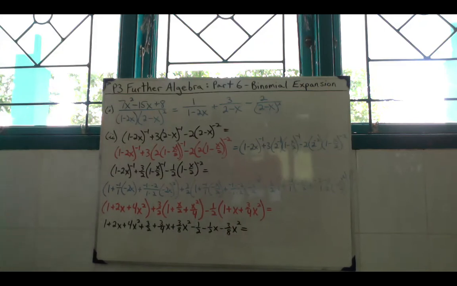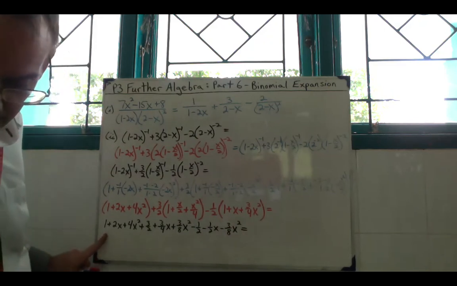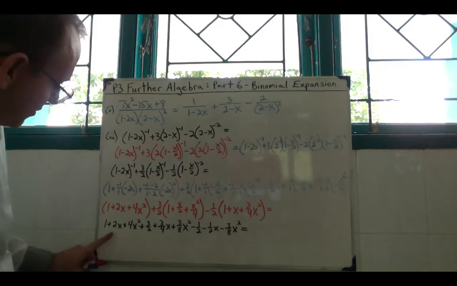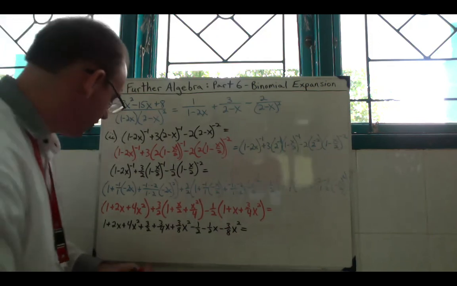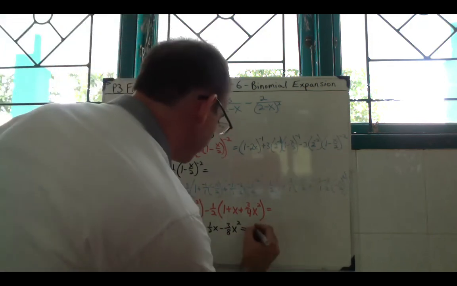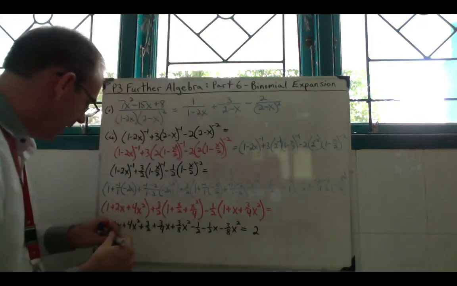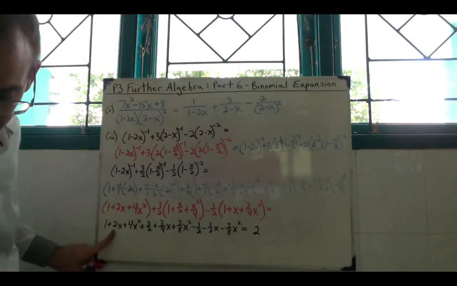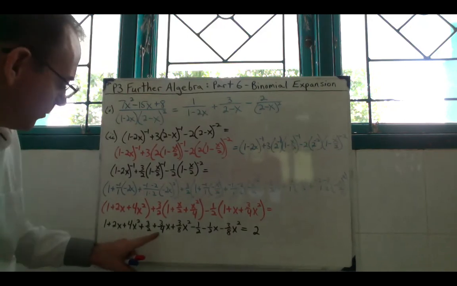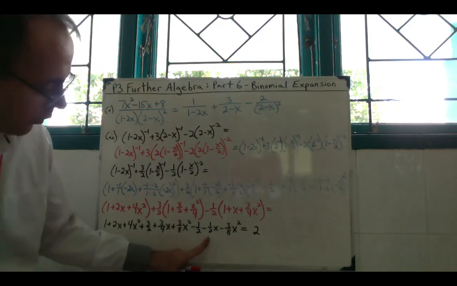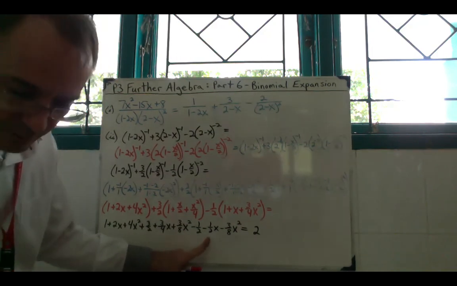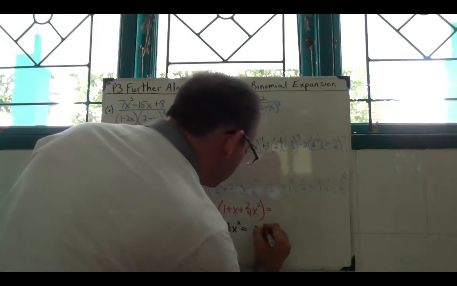So that our final answer, so we're looking at the 1 plus the 3/2 minus 1/2 equals 2. And we have 2 for the x term, 2 plus 3/4 minus 1/2, and that equals 9/4.